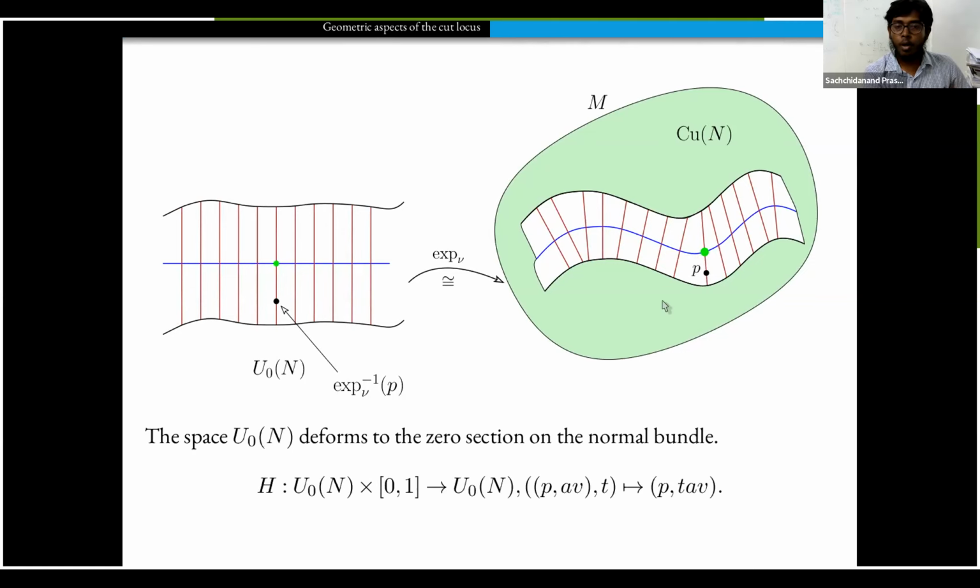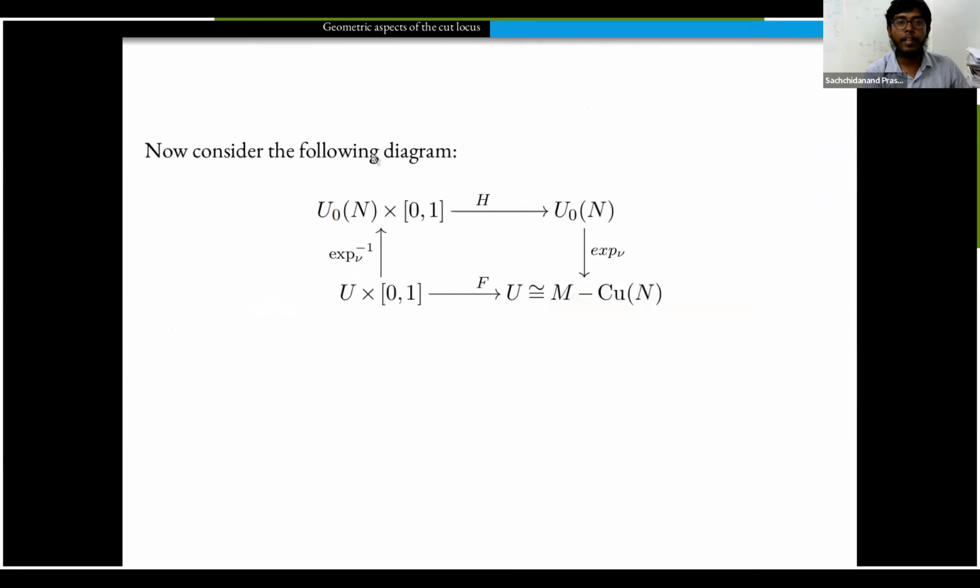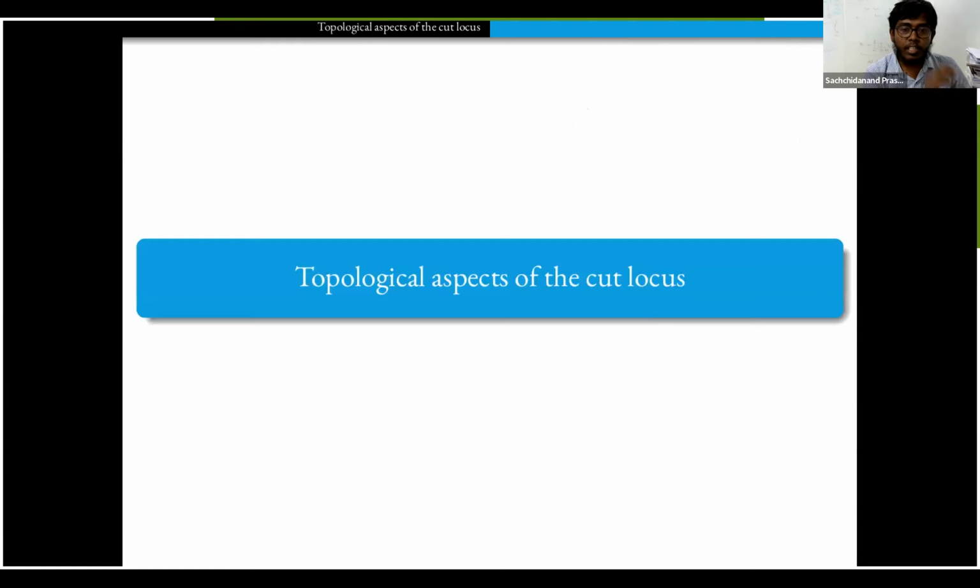So if H is this deformation, then via this diagram one can show that M minus the cut locus deforms to N. Okay, so this completes the first part of the section.